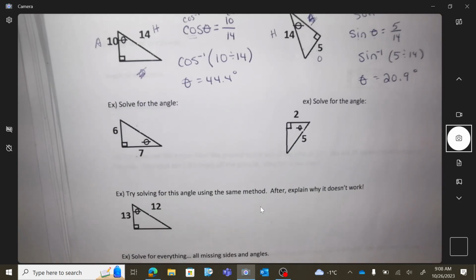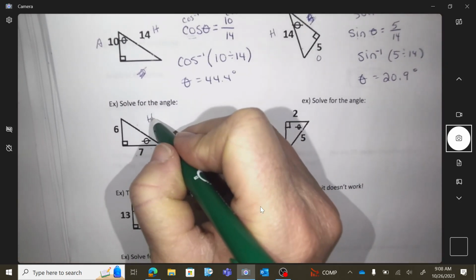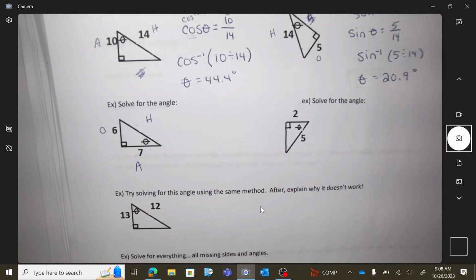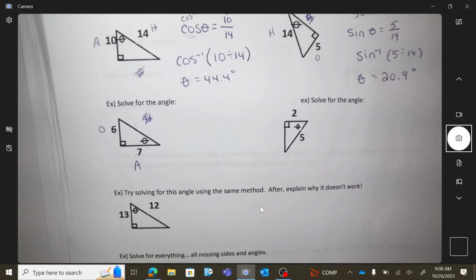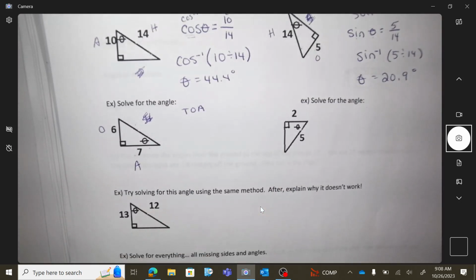Okay, next one. H, O, A. Labels. Don't care about the H, right? Leaving me with an O and an A. So that would match my TOA method.